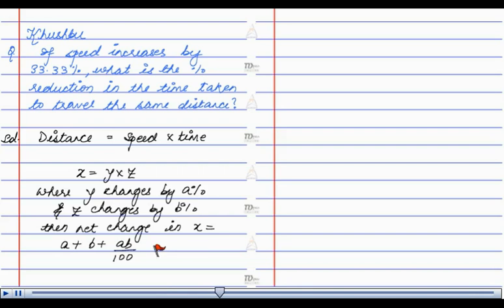Therefore, from the question where it has been given that speed increases by 33.33%, we get a as 33.33, which can also be written as 100 by 3, and let b be minus x, that is, the time decreased by x%.